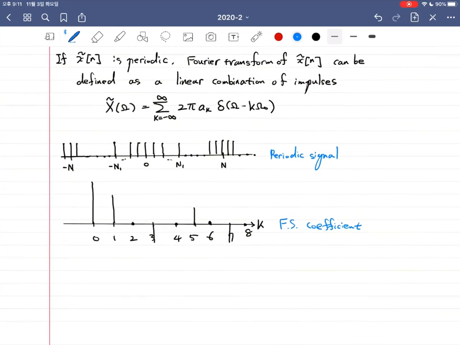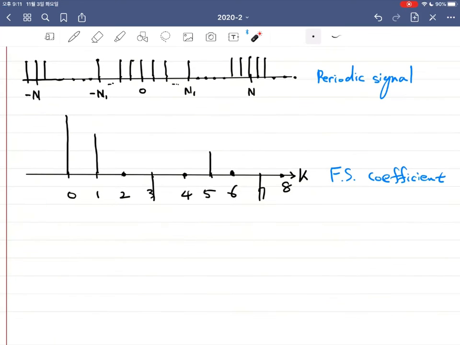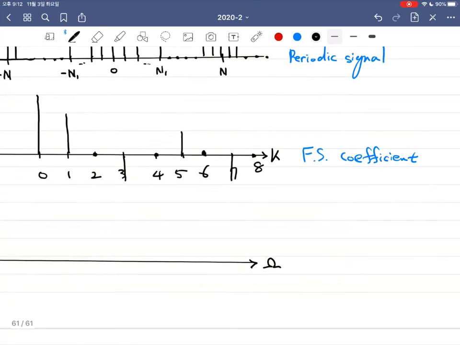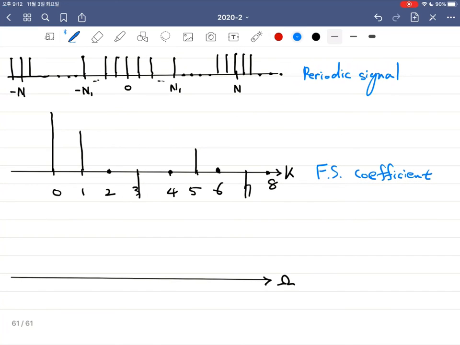And if you obtain the Fourier transform, then you will also get a sequence of impulses. Okay, so it goes like this. And please notice the difference of the x-axis, because now we are in the frequency domain due to this Fourier transform. So we can use this Fourier transform by just impulses.